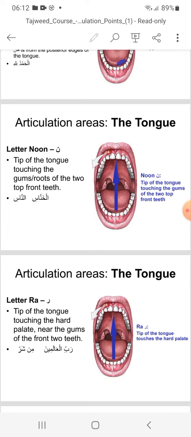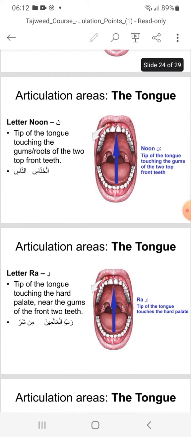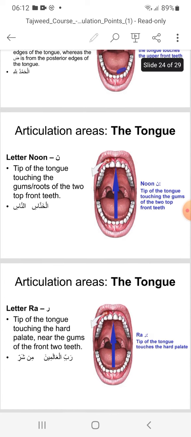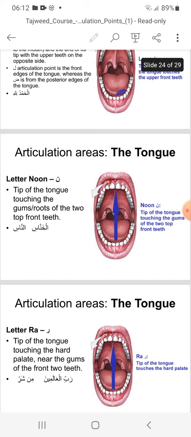Also, as I told you, both come from the tip of the tongue, touching the gum of the upper two teeth. But the difference between them is not only in the shape of the tongue: the noon is closer to the tip, but the ra is more inside.